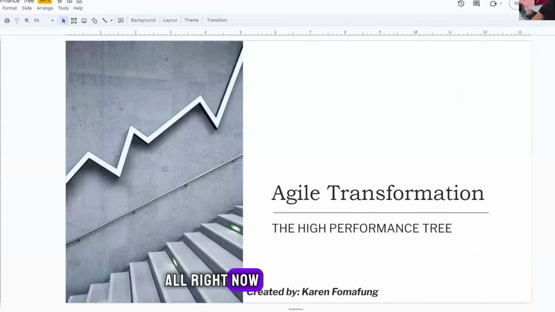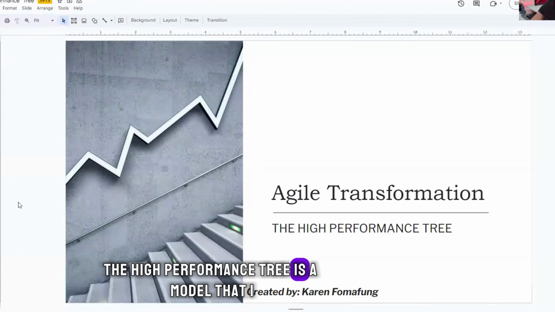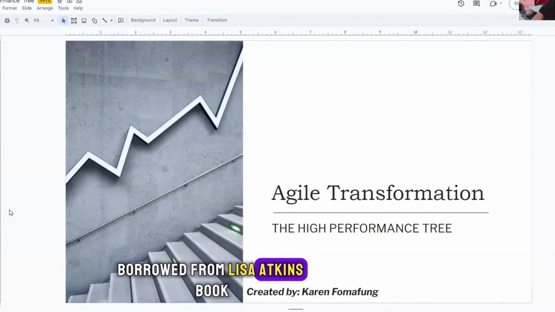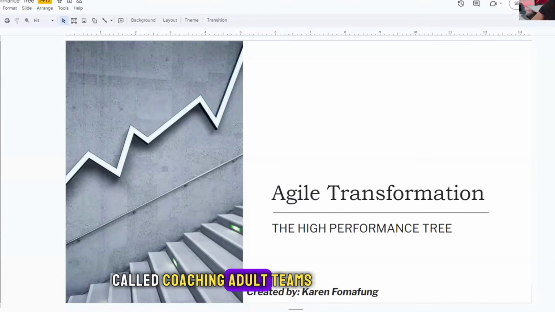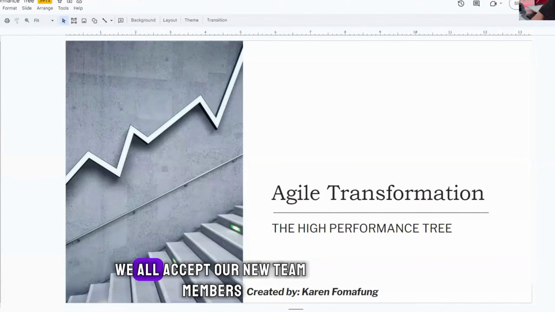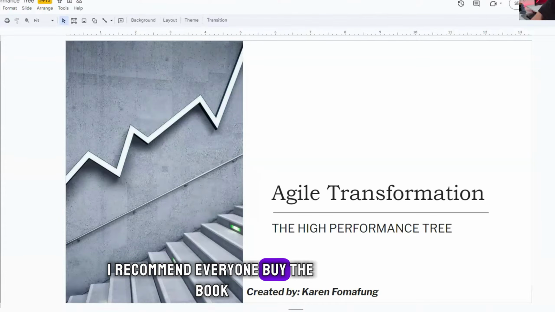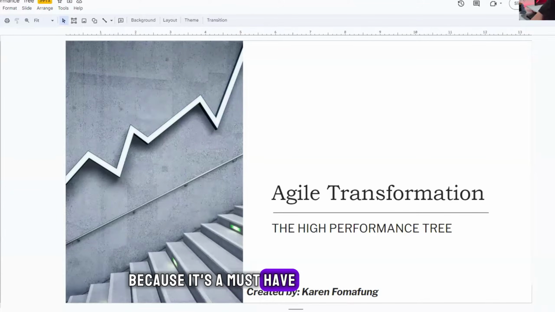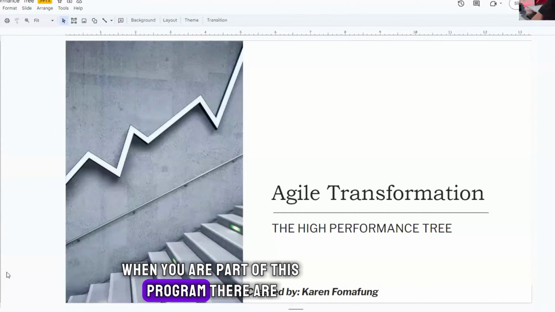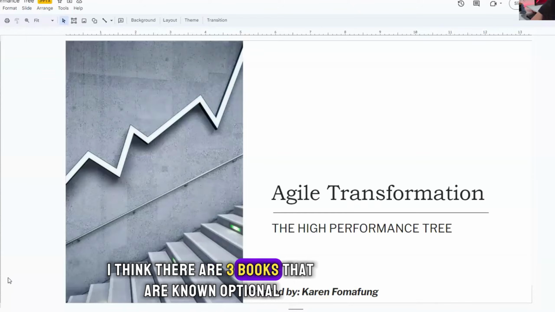All right, now, the high performance tree. The high performance tree is a model that I borrowed from Lisa Atkins' book called Coaching Agile Teams, which again, except our new team members, I recommend everyone buy that book because it's a must-have. It's not optional when you are part of this program. I think there are 3 books that are non-optional.